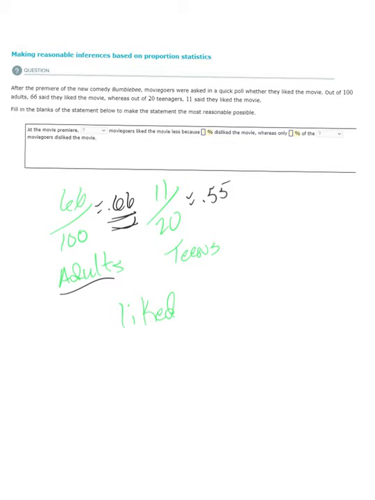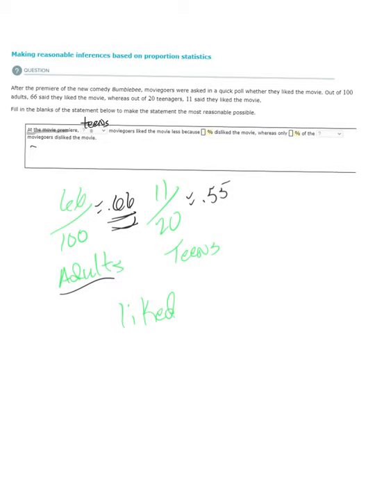So if I go and read through my answer here, at the movie premiere, blank moviegoers liked the movie less. So the teens, so I would put teenagers liked the movie less because, what percent disliked the movie?